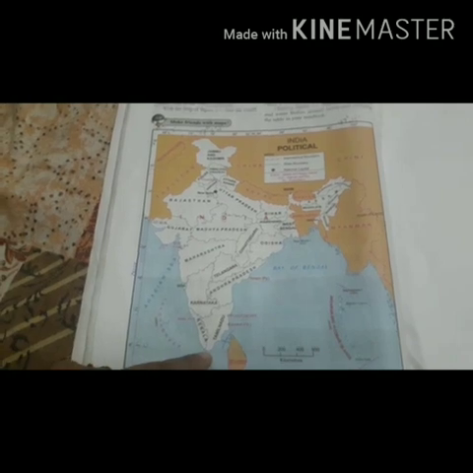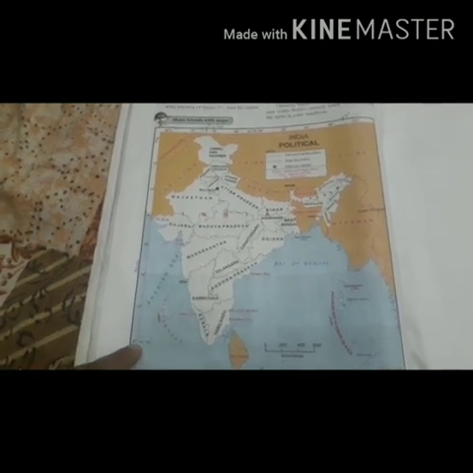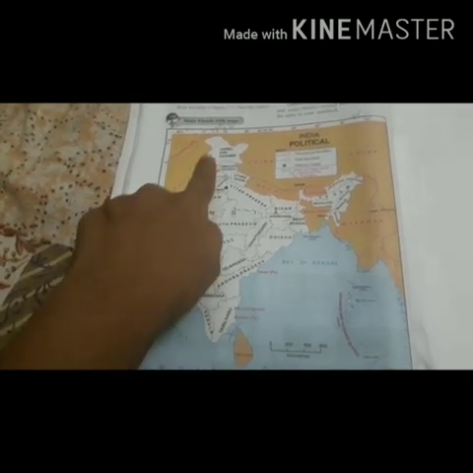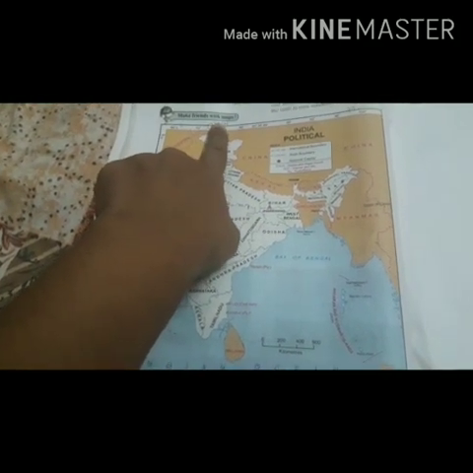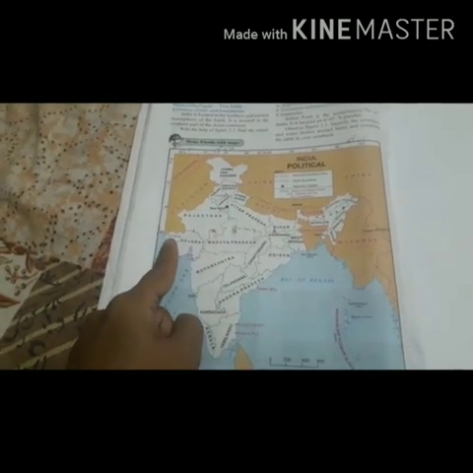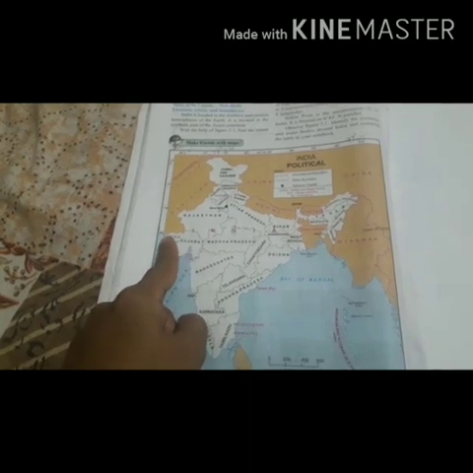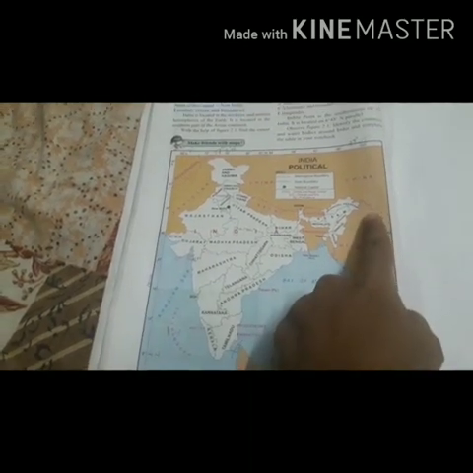India is counted from Kerala, from 8 degree 4 minute north, to Jammu Kashmir, the last at 37 degree 6 minute north. Longitude wise, it is counted from 68 degree 7 minute east to 97 degree 25 minute east.